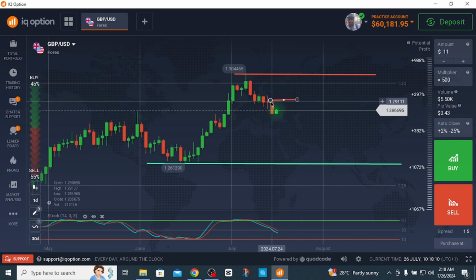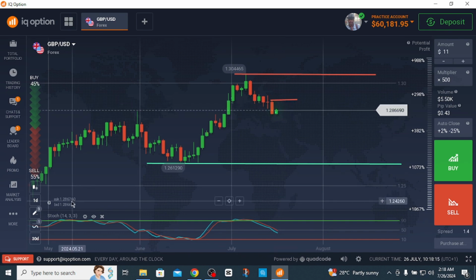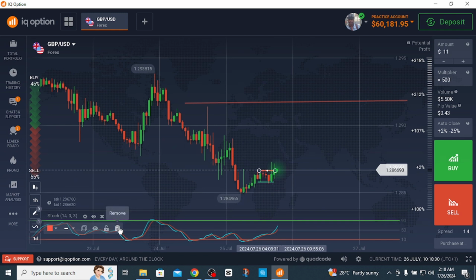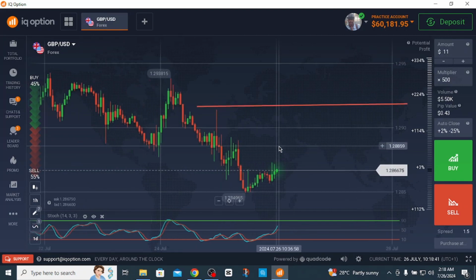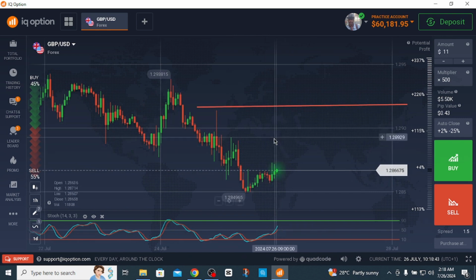Now that I have highlighted my resistance point for the day, I will now move to see what the hourly information is telling me. You can see on the hourly trend the bulls are in charge. It does not mean that I will now need to enter this trade blindly against this current trend.